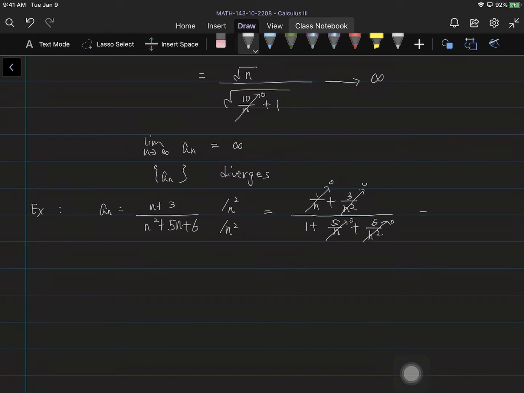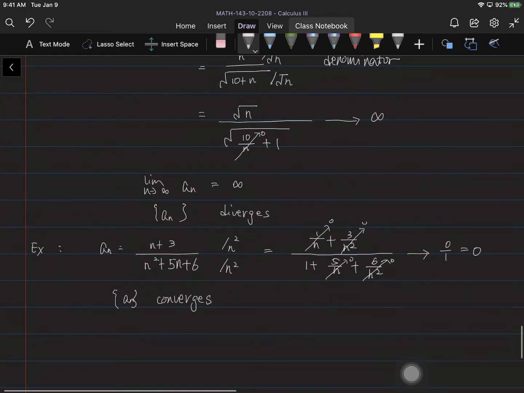So the final answer equals 0 over 1, which is 0. So here I should write down the limit goes to 0. So in this case, this an converges. Did you get the idea of this kind of problem?